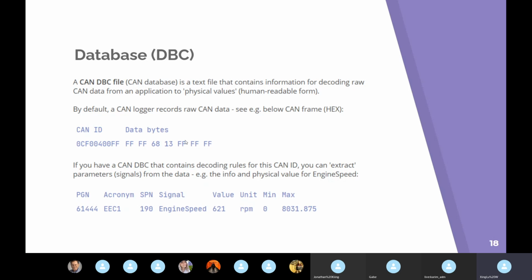For example, if we want the battery voltage to be sent in a few bits, we can set it up in a certain way, and then once, let's say, the VCU receives it, it'll know that it needs to multiply by another number in order to decode that message to understand what it's really trying to say.